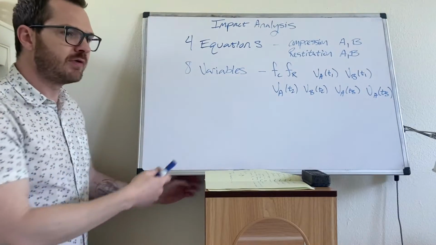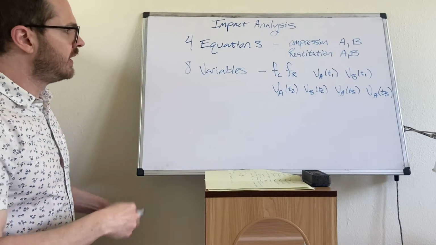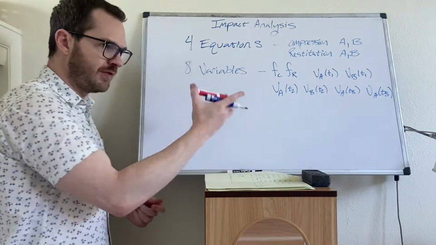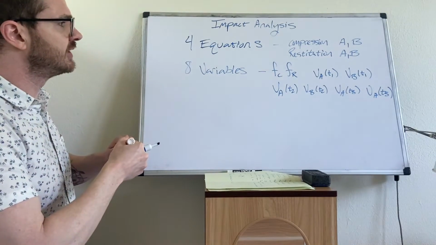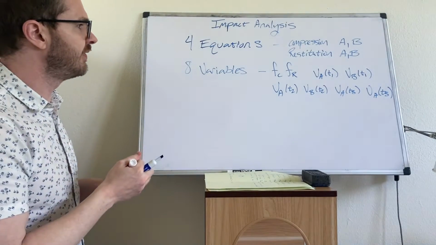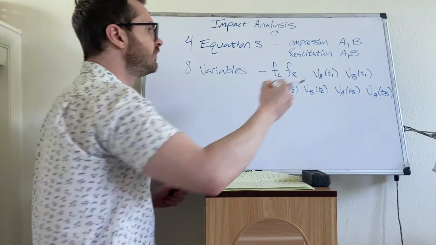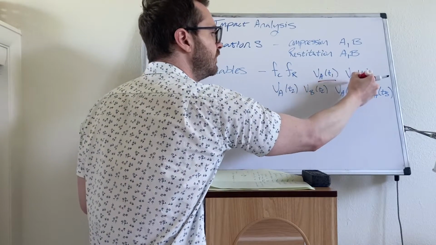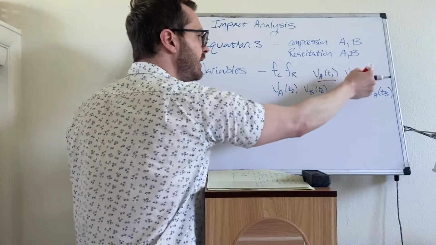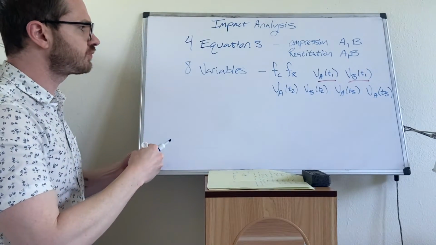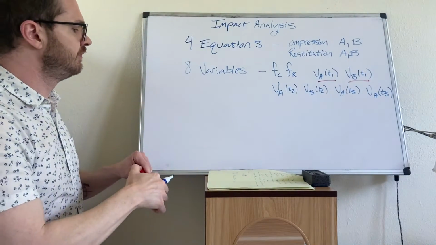Well, what other information do we have about the system? Let's say, for this discussion, that we have some information about the initial speeds. So we know VA at time 1 and VB at time 1. Let's say that those are known.